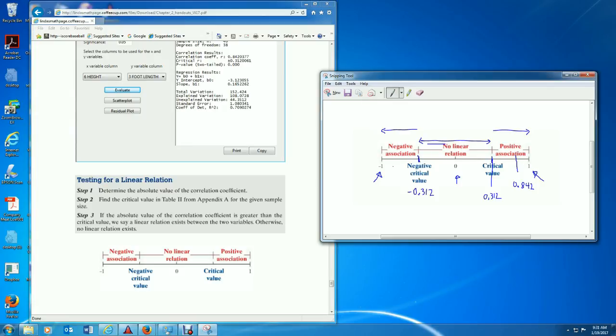Or if it were negative, if it were down here, it's close to -1. So either way, if it's up here or if it's down here, then that means that there is a linear association. All right, so you basically want to calculate R, compare it to the critical R, and see, is it inside the critical value, which means no line, or is it outside of the critical value, which means there is a line. All right.